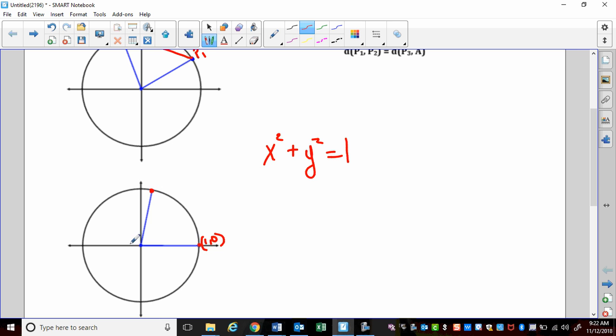My x squared plus my y squared is always going to be equal to 1 on my unit circle. And you know that my x's are my cosines, so cosine squared theta plus sine squared theta equals 1. We know this Pythagorean identity from the first 2 days.